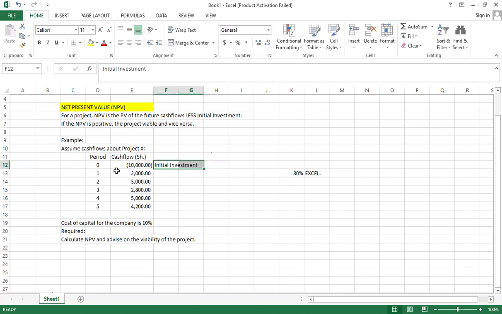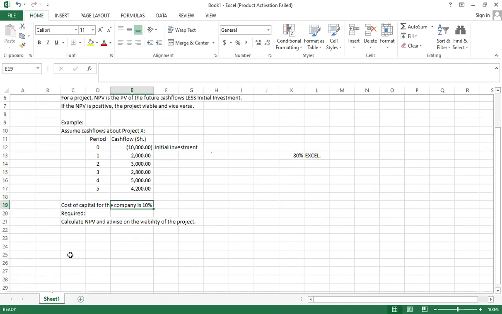And from period 1 to period 5, you'll have the positive cash flows. We are then told that the company's cost of capital is 10 percent. How do we get our net present value?